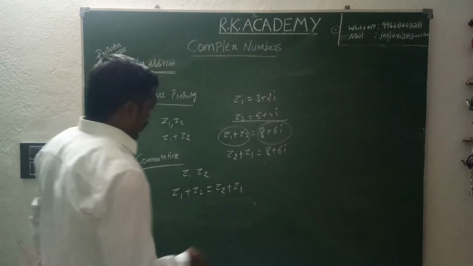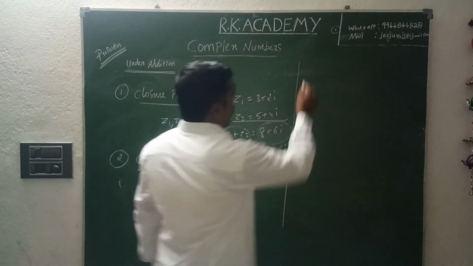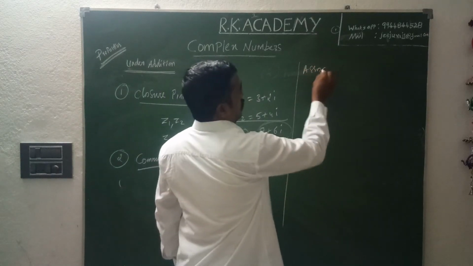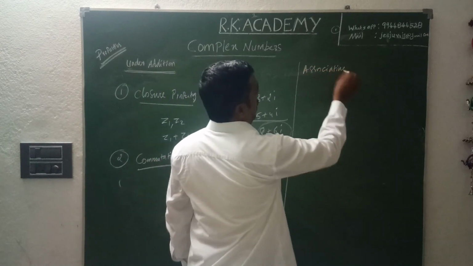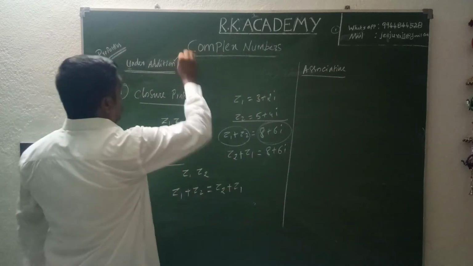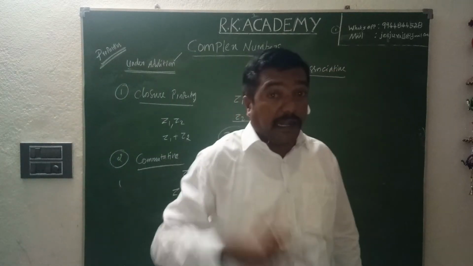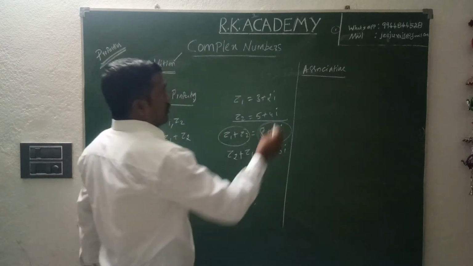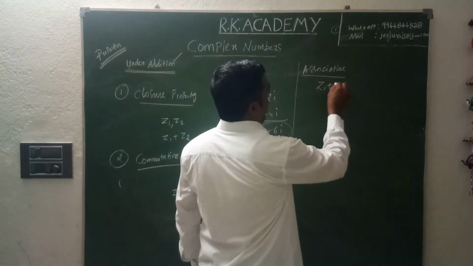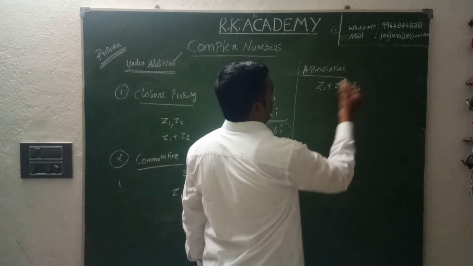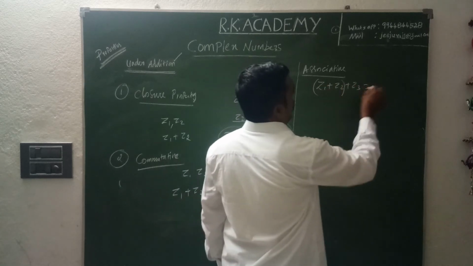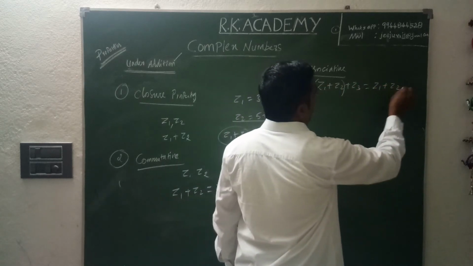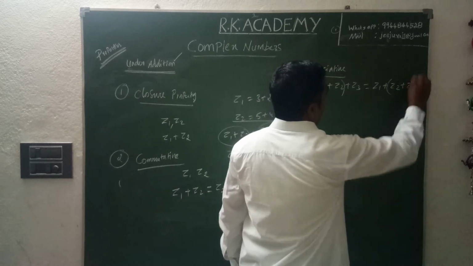Okay. Now let us see associative. So what is meant by associative? The process is under addition. So we can write (z1 plus z2) plus z3 is equal to z1 plus (z2 plus z3).